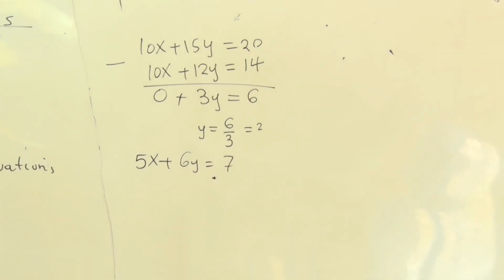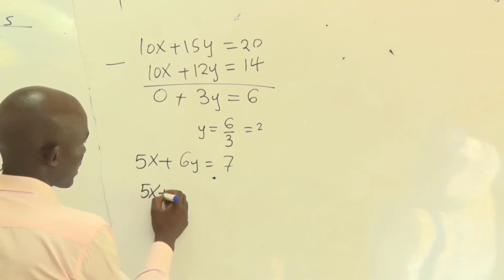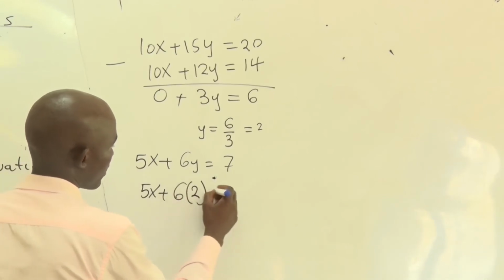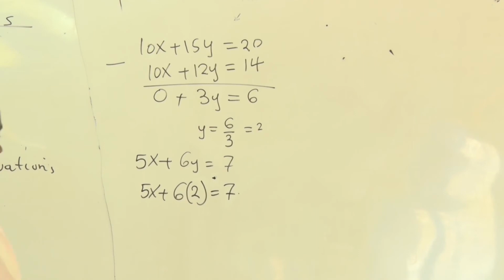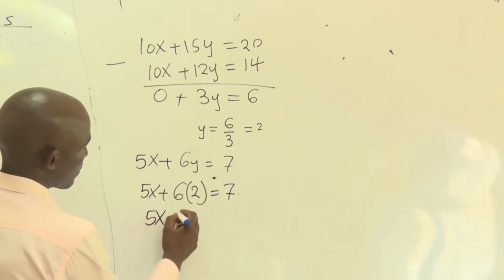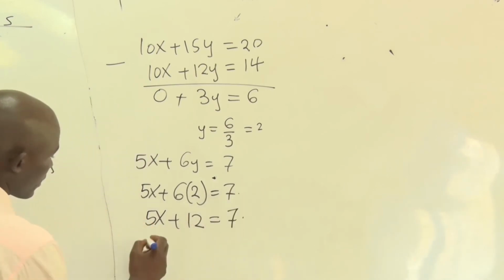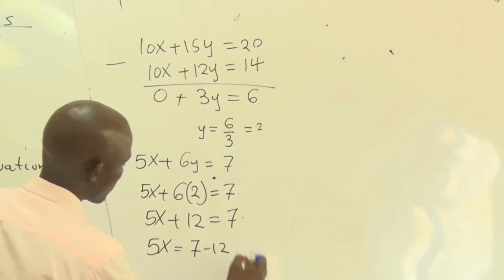So I've said, once you get the first solution, you will pick any of these equations, then you replace that value. So I'll replace y, 5x plus 6. I know my y is 2, so I have to replace 2 there, is equals to 7. So this gives me 5x plus 12 is equals to 7. 5x will be equal to 7 minus 12.